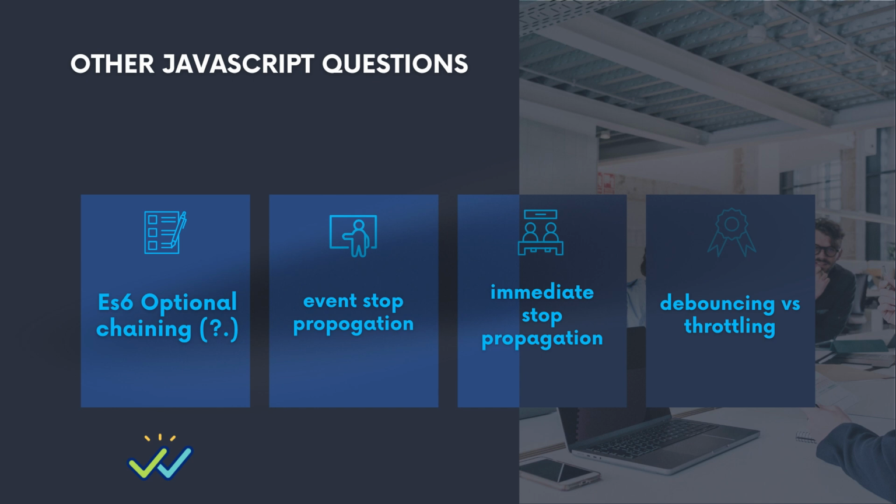So you got some kind of error, cannot read the property of X. In that case, we use optional chaining. Read about this as well, because this is a common question, I think.